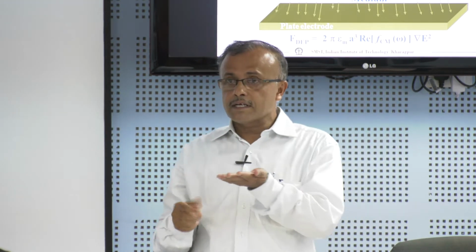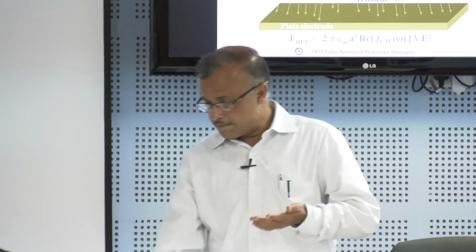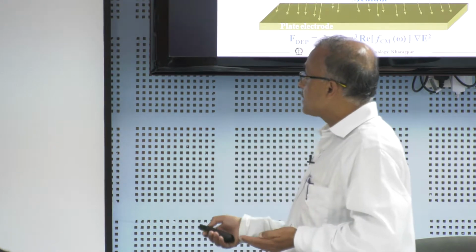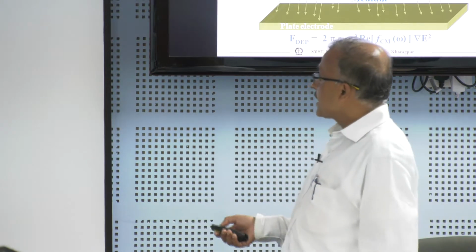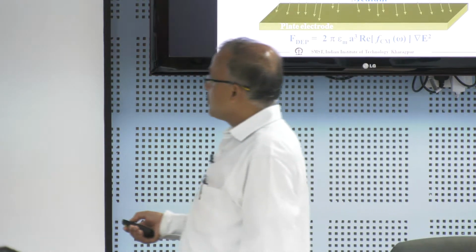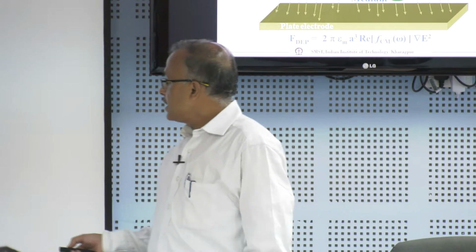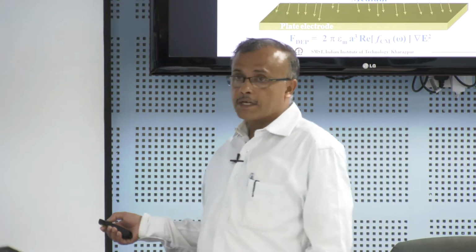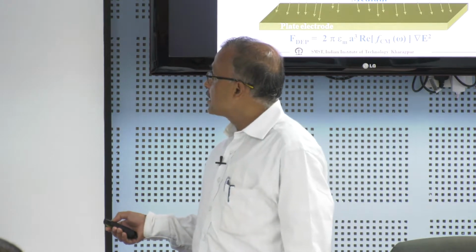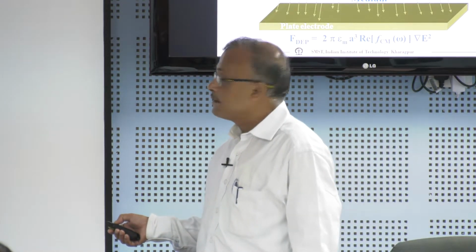So, how will the electric field be? The electric field distribution will be just like this. Okay. So, is the electric field uniformly distributed? No. Here you have a uniform distribution, but as it comes towards this pointed electrode, the electric field is very high.